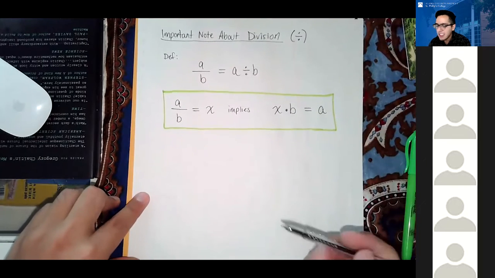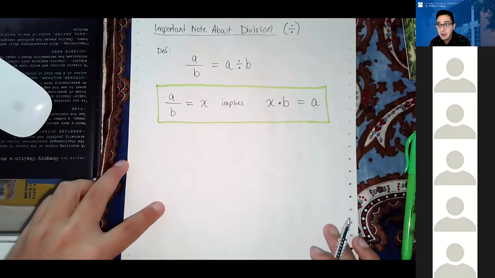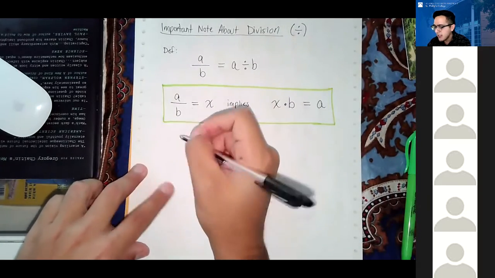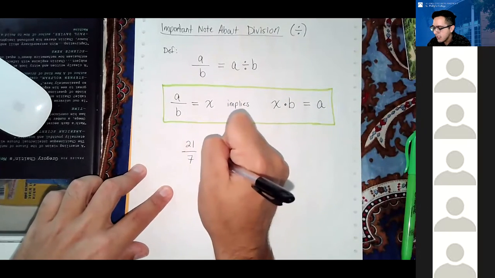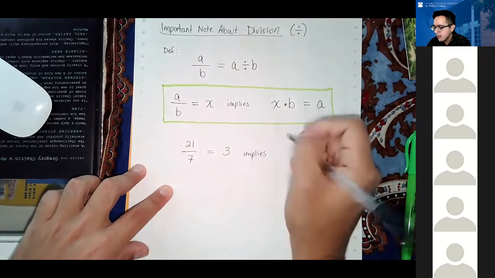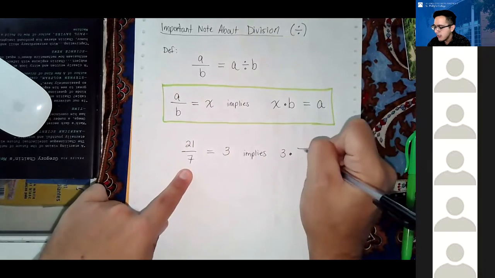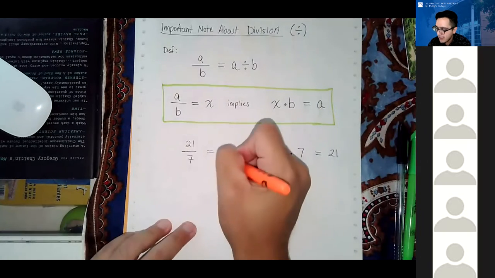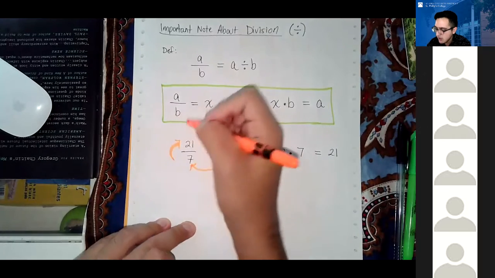Now, let me give you a concrete example, because whenever I use nothing but letters or variables, students' eyes often glaze over. So let's think about that example I just gave. Let's say 21 over 7 is equal to 3. That implies that 3 times 7 is equal to 21. So you take this number, multiply it by that number, and you should get this as a result.